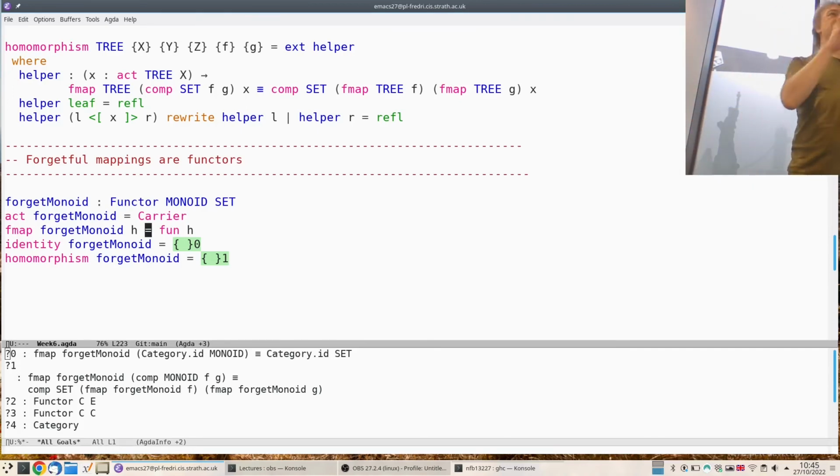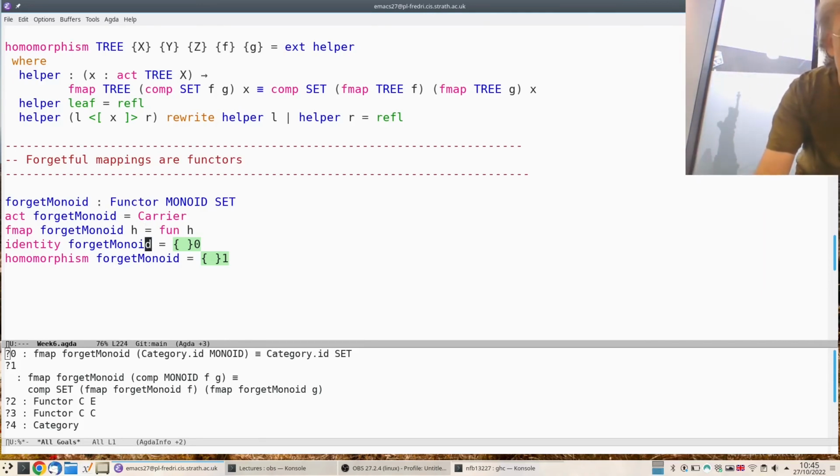Just pick out the function between the carrier sets and forget that it preserves the structure. And then if you remember what we did for identity and composition for monoids, it was to say the identity function will do fine because it preserves the structure, and ordinary function composition will do fine because it can't help but preserve the structure.